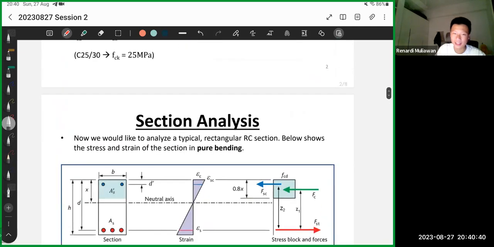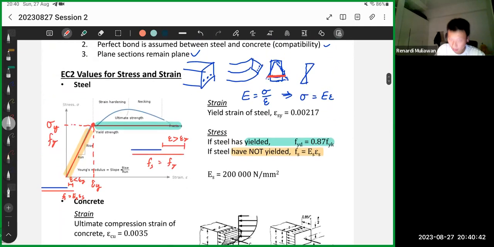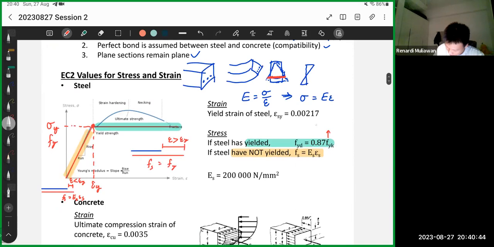Fyk is the steel grade. Sometimes you hear grade 500, grade 450. That's the fyk. So that's for steel. Just two lines. Before yield strain or after yield strain, that's the strength.